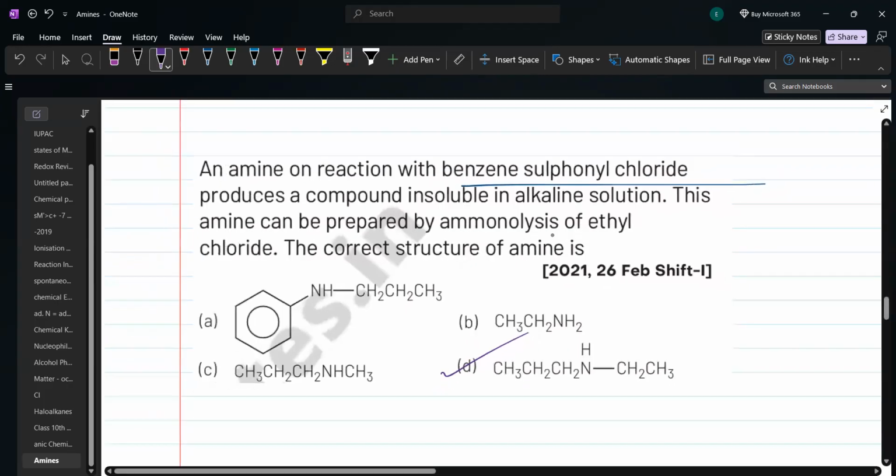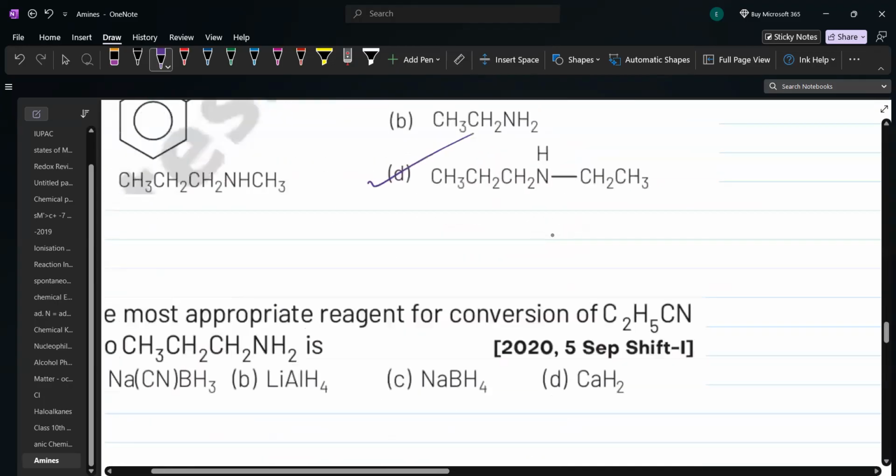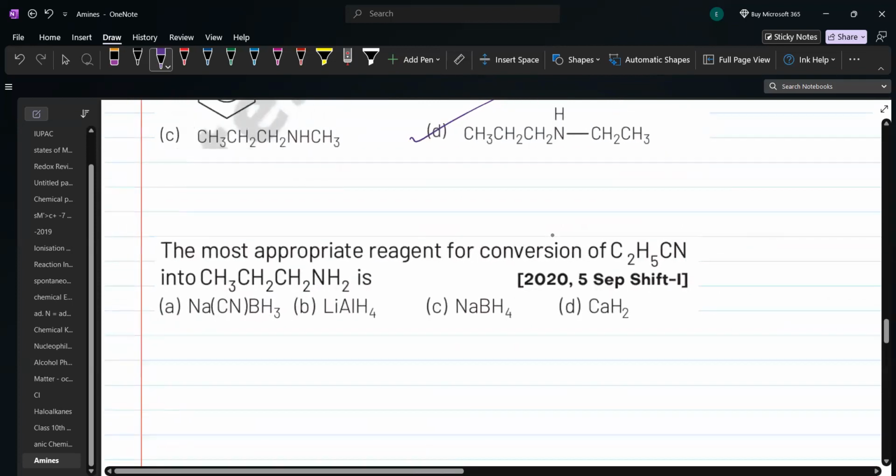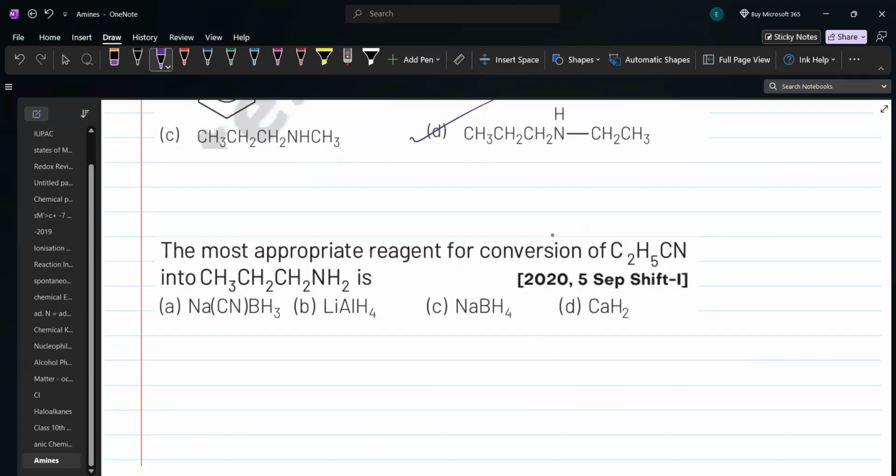So this 2 degree amine will be the answer. Solve this question. You have seen that in only 2 years, 4 questions came through Hinsberg. So this is an important one. That's why we have done this question.